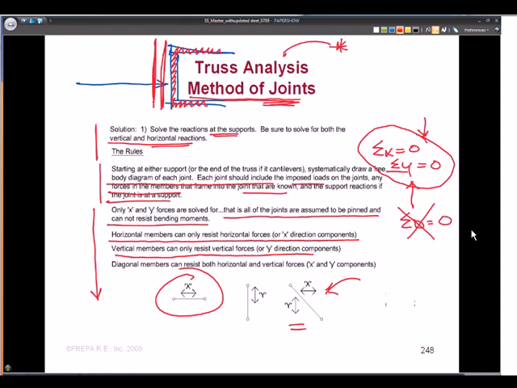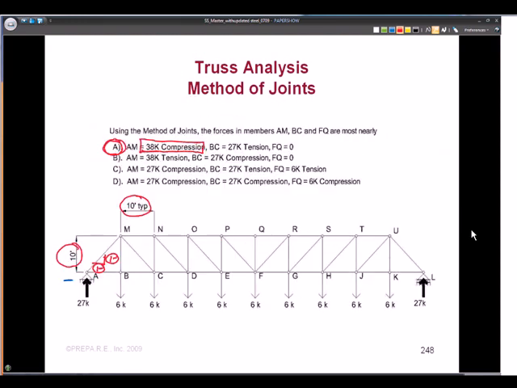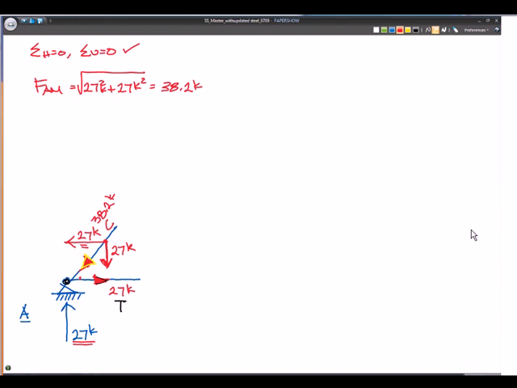Okay, so let's move on to the next joint. We've solved this one. Now we have two choices with the method of joints: we can either go to joint M or to joint B. We have to go to a neighboring joint from the one we just solved. So let's go up here to M and see what we can do.